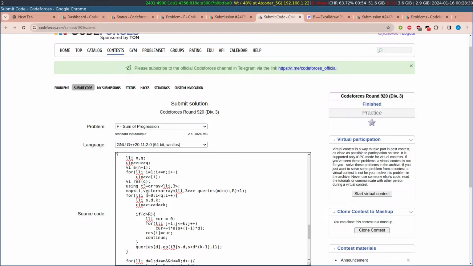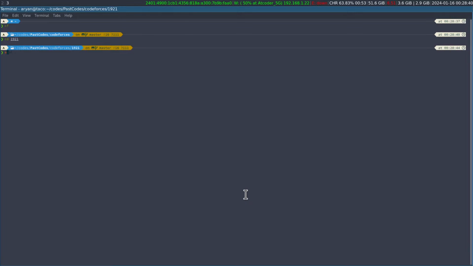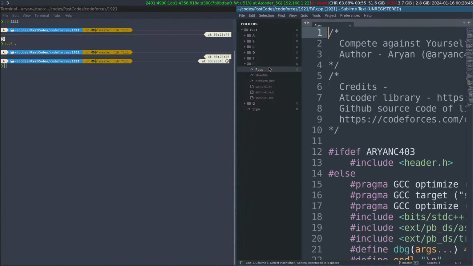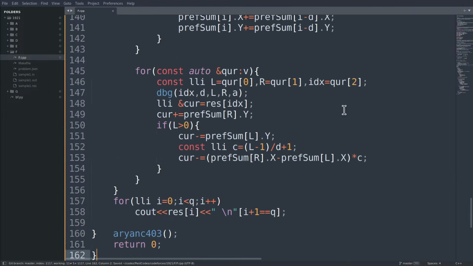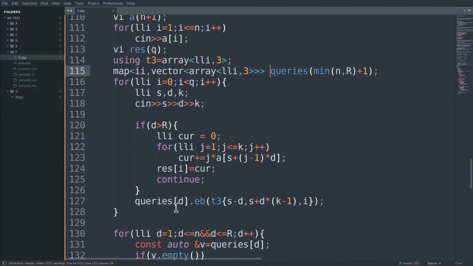Map pair. Let me just open my code editor once. I'll show you that part. Map of pair of all the queries.